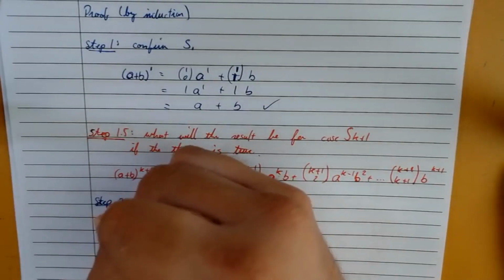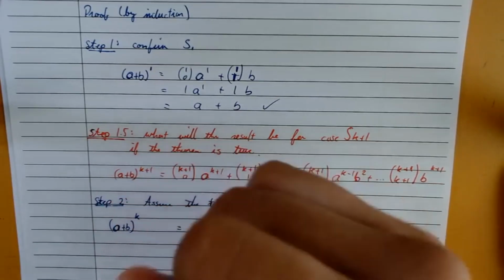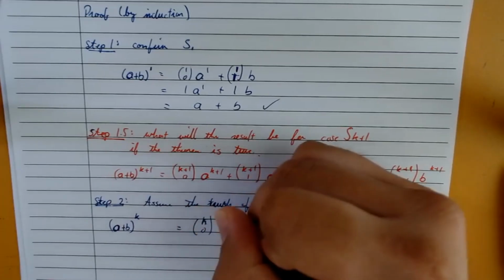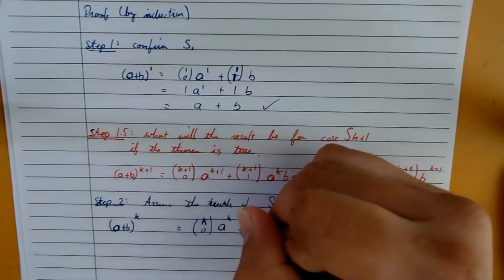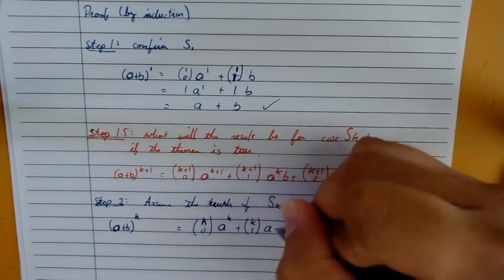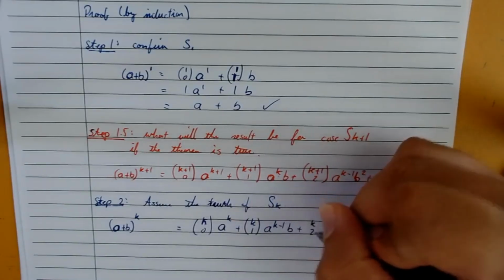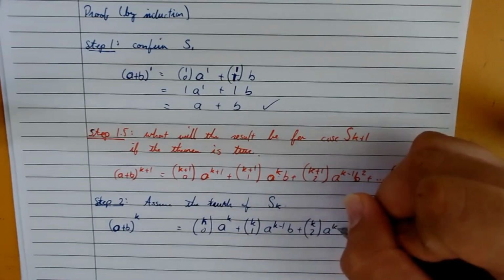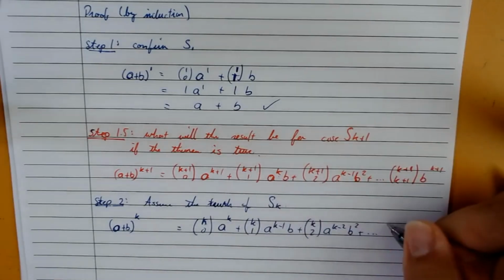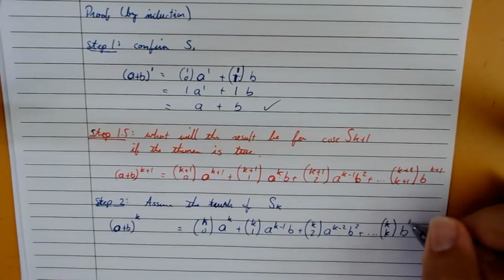It would be a plus b to the power k is equal to k choose 0, a to the power k, plus k choose 1, a to the power k minus 1, b, plus k choose 2, a to the power k minus 2, times b squared, plus dot, dot, dot, all the way down to k choose k, b to the k.